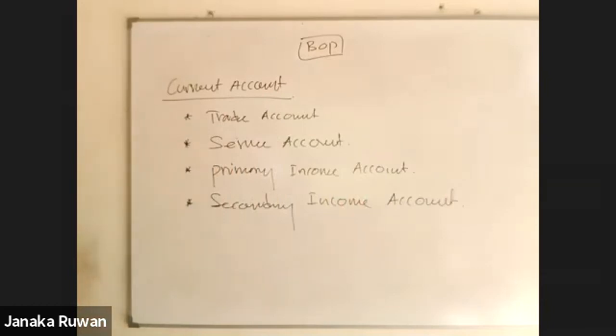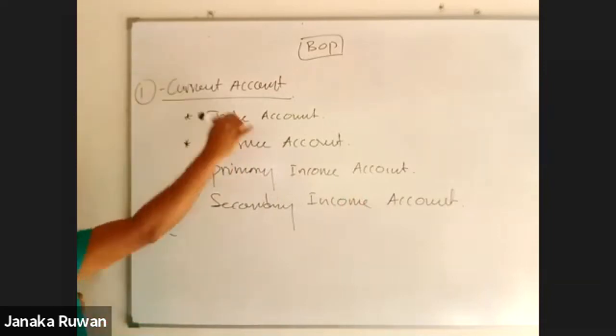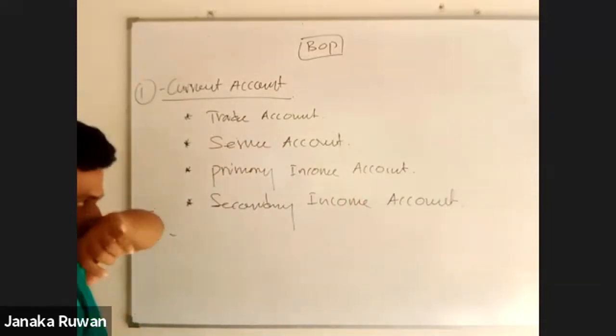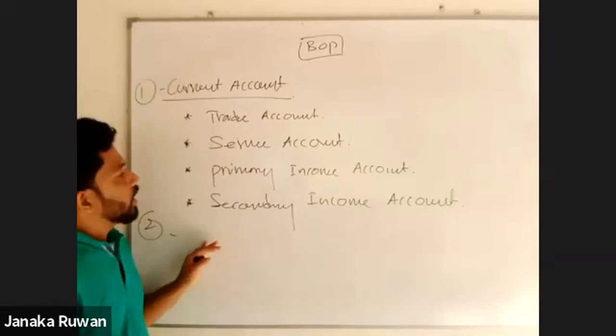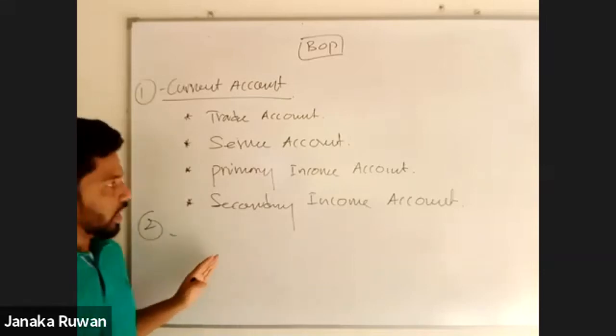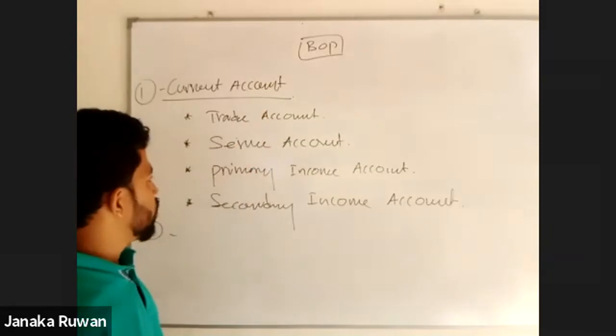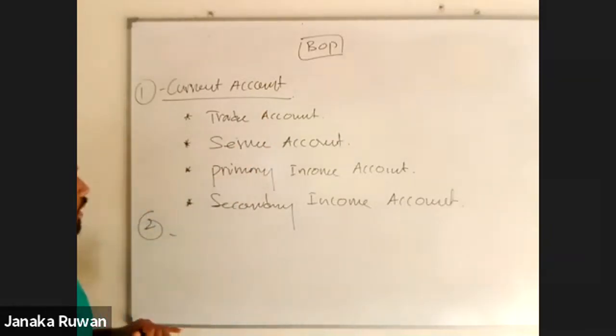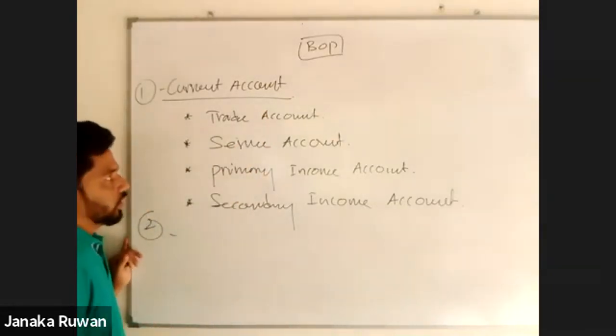Those are the main components you need to identify in the current account, and the current account balance is the balance of all those four components: trade, service, primary and secondary income.